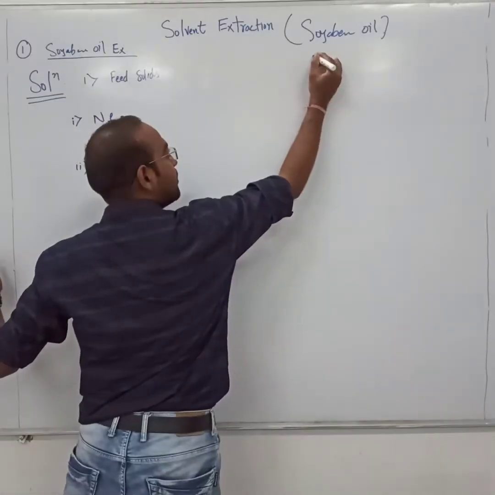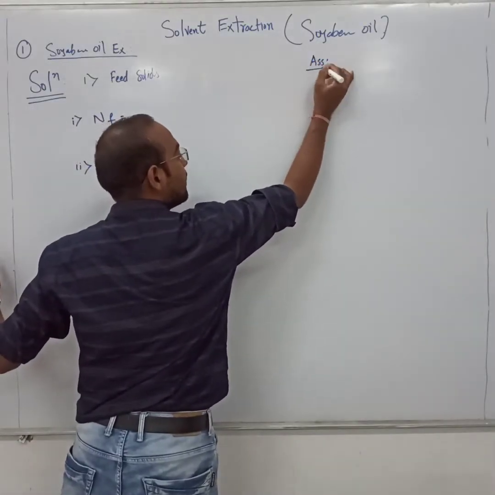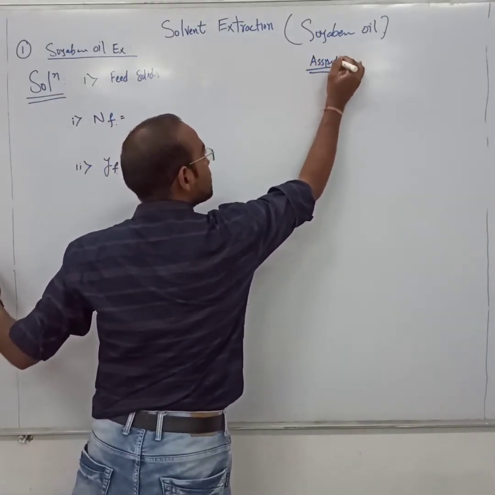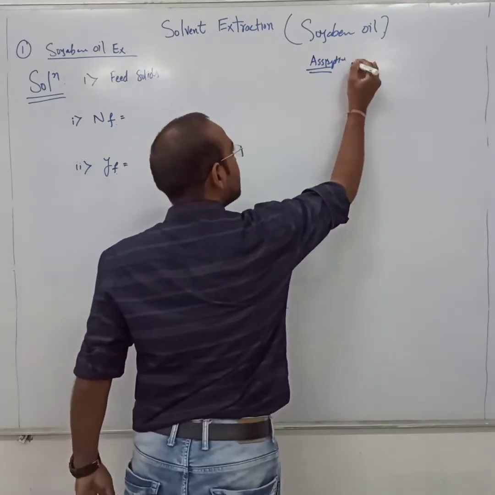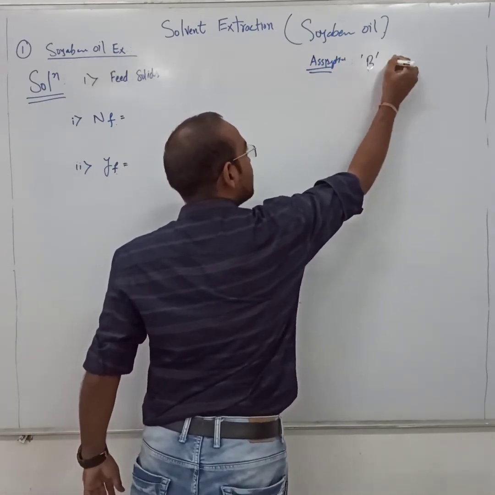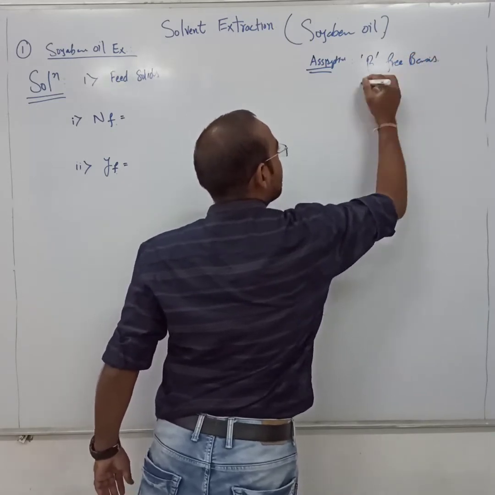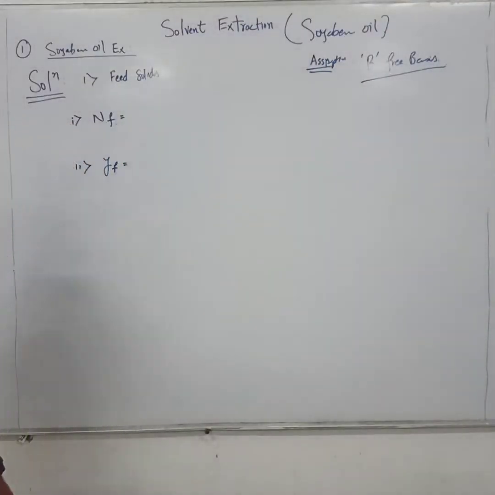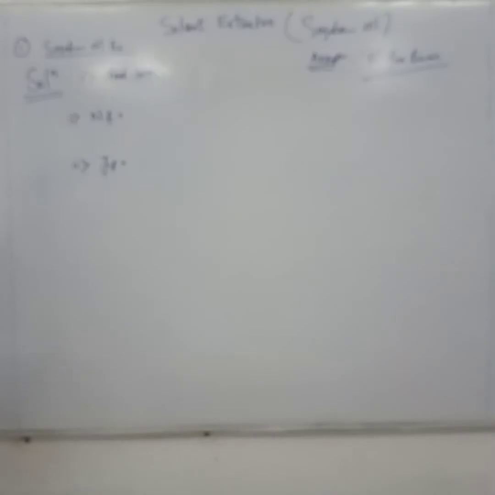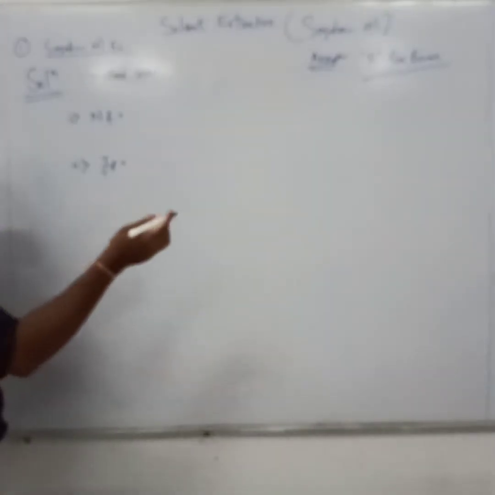In all your calculations, there is one most important assumption, that is all the calculations are carried out on B-free basis. Must consider one thing, all the calculations are carried out on B-free basis. Later I will explain why.